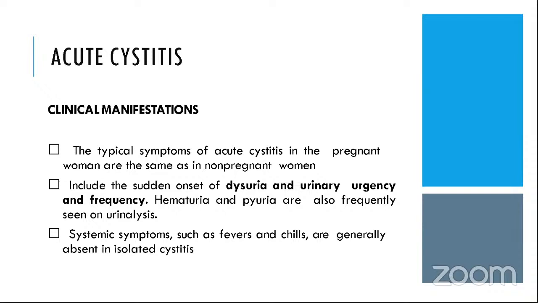Sometimes hematuria and pyuria may be associated, confirmed by urine analysis. Systemic symptoms such as fever and chills are generally absent in cystitis. These systemic symptoms we see in pyelonephritis.